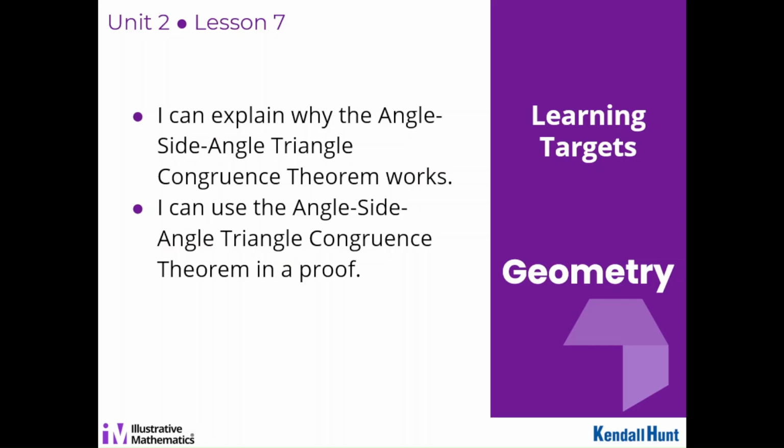And when I line them up like that, I know that the rest of the triangle is going to lay on top of each other as well. So the fact that there is a series of rigid transformations, once I have that angle side angle, that will let one triangle lay directly on top of the other one, tells me that those triangles are congruent.